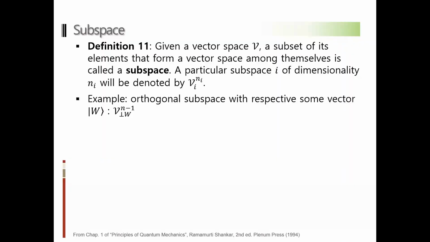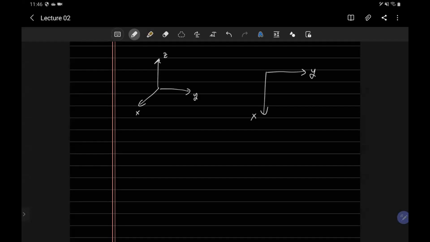Another important concept in linear algebra is the subspace. The subspace can be understood by using the three-dimensional space and the two-dimensional space as an example. If we consider the three-dimensional space, we know that any vector inside it can be decomposed into x, y, z components.